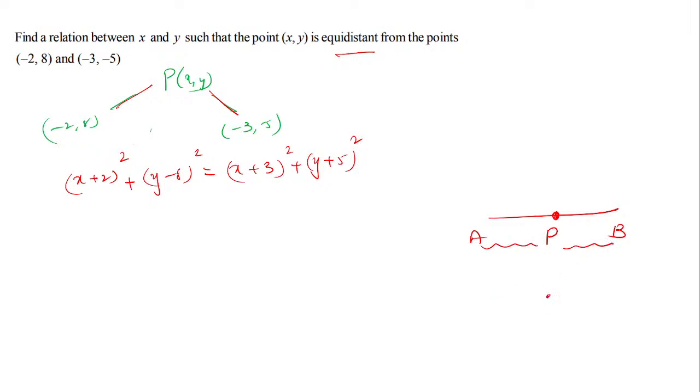For example, if P is here, A is here, B is here, and the distance between A and P is 5, and the distance between these is also 5, then in this case P is not a midpoint, but still they are equidistant points. So you cannot directly say midpoint. It can be the midpoint or something like case 2, this one. Now expand this.